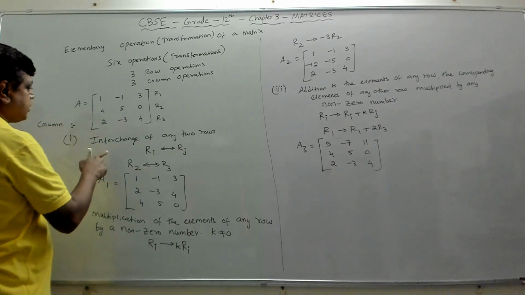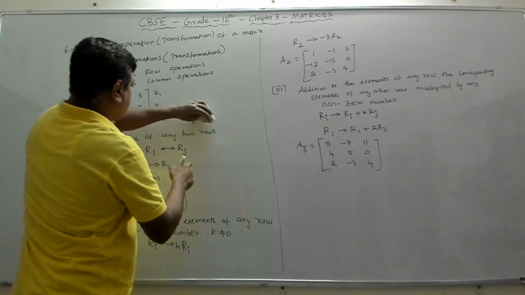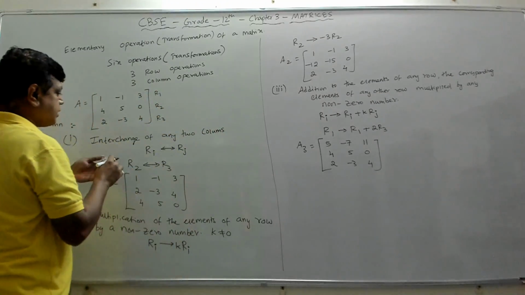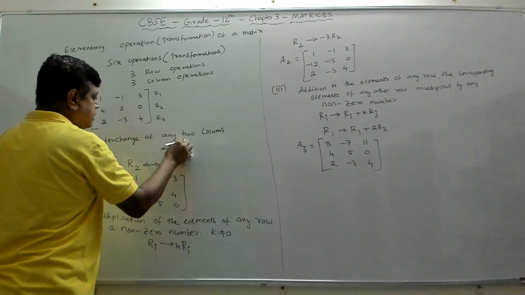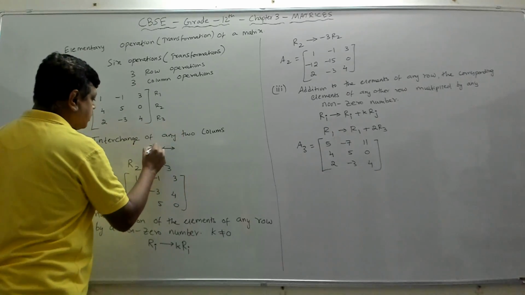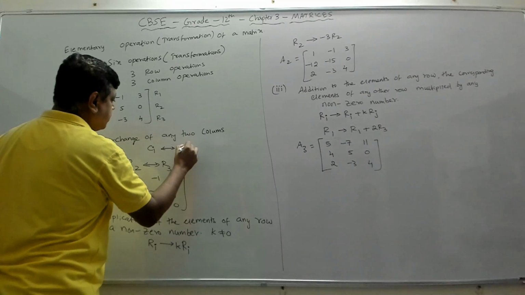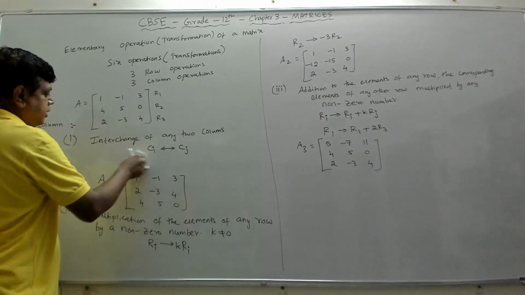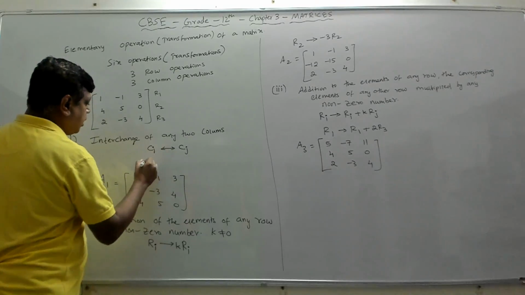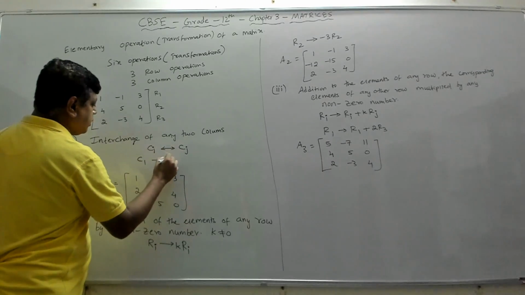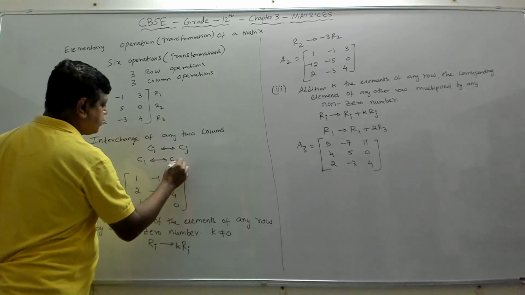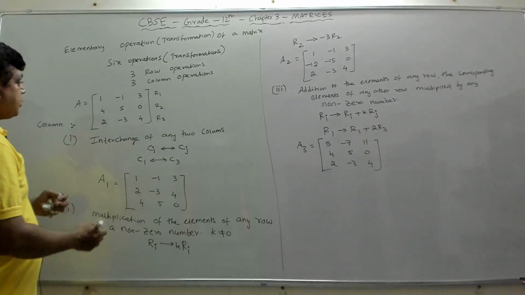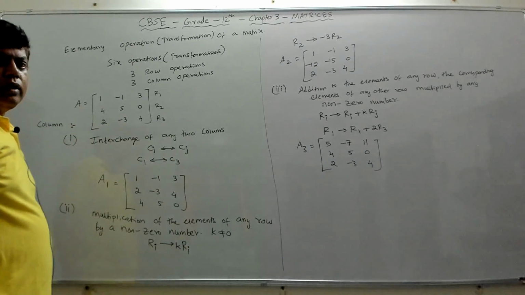Column operation. The first operation is interchange of any 2 columns. In symbols, we will write it as Ci implies Cj. In particular, I can say C1 is interchanged with C3, which means we are going to swap C1 and C3.